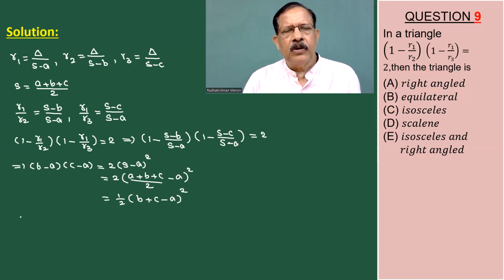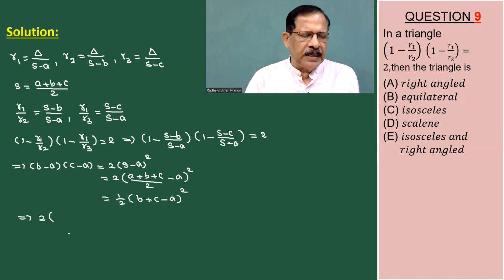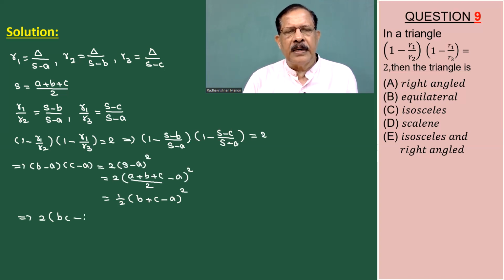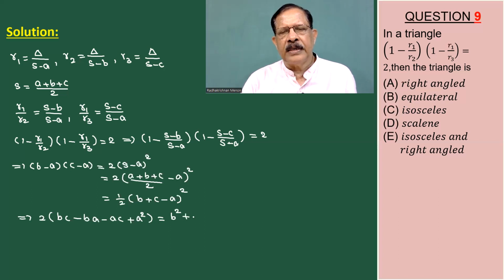So 2(B − A)(C − A), we open the bracket: BC − BA − AC + A² equal to the RHS, which we are squaring: B² + C² + A² + 2BC − 2CA − 2AB.